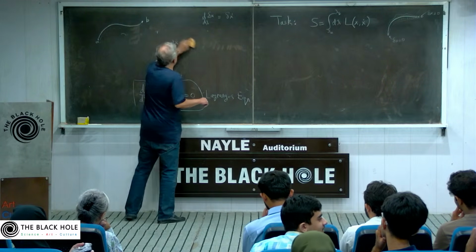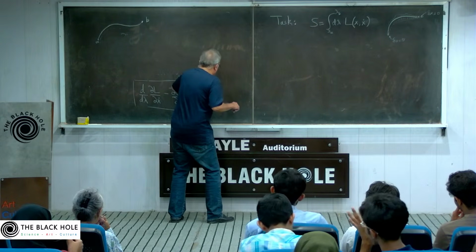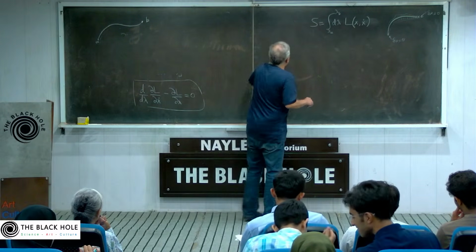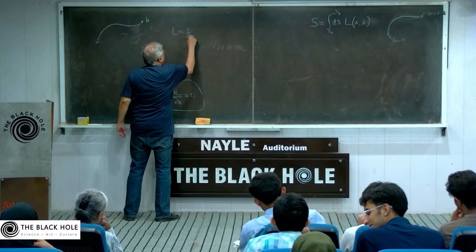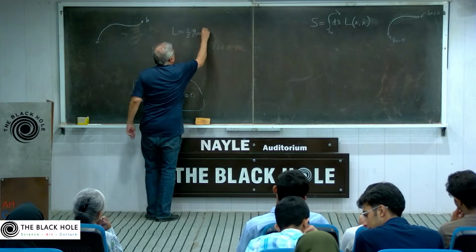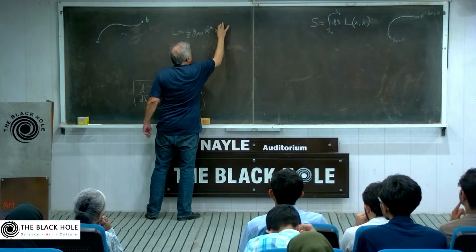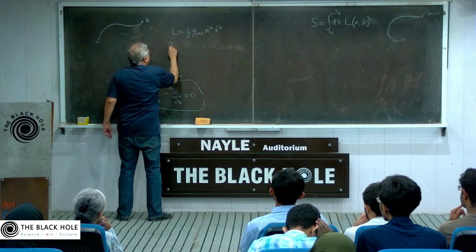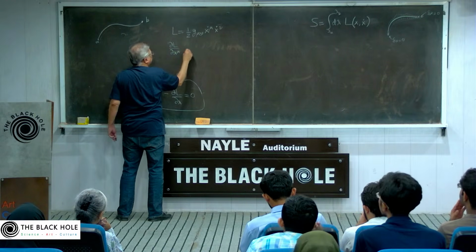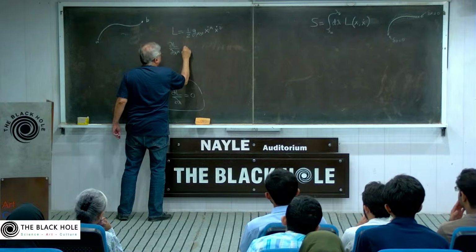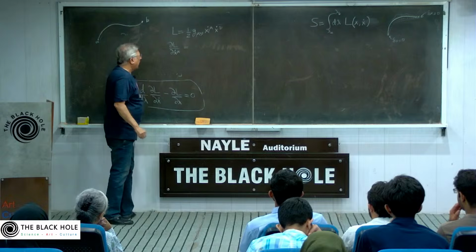And now here is. Now we're going to apply this. So L is half. What is dl by dx mu? X mu dot, let's take this.